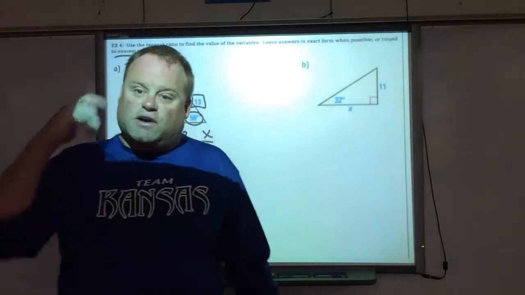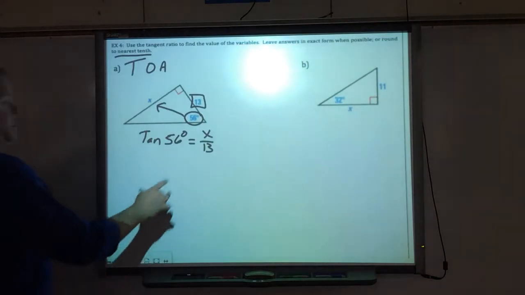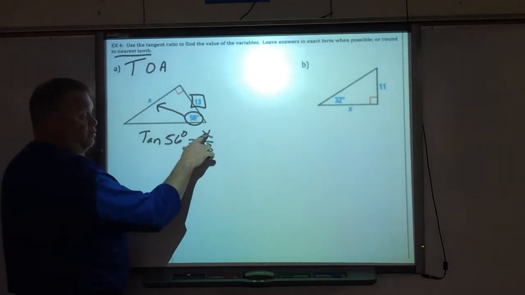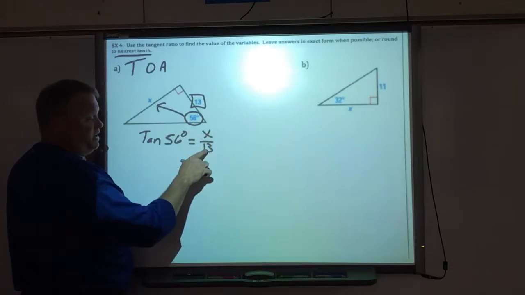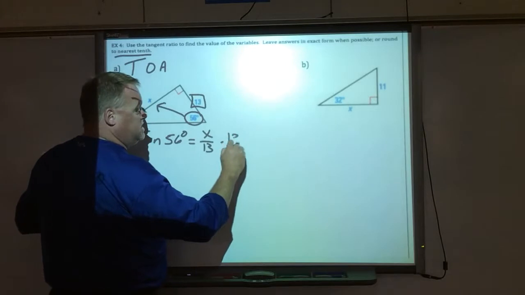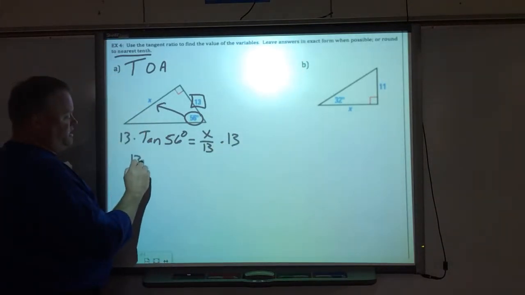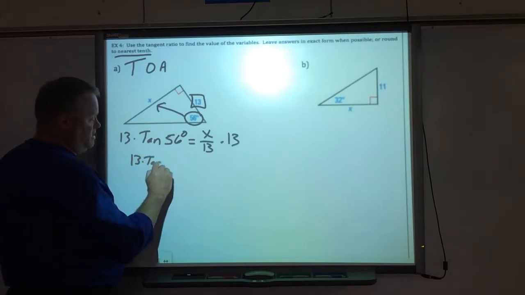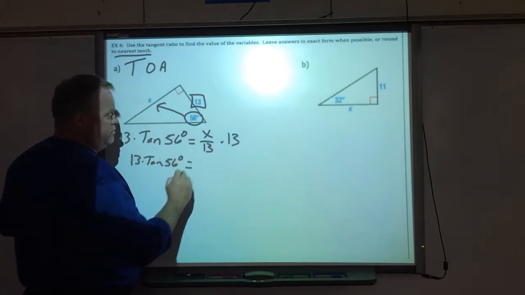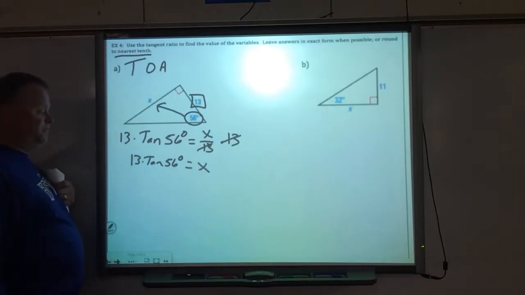So now I just got to solve for x. I see a denominator. I want the x by itself, and I see a denominator, which means I need to multiply both sides by that denominator. So when I do that, I'm going to end up with 13 times tangent of 56 degrees is equal to, these 13's cancel out, leaving me just x.